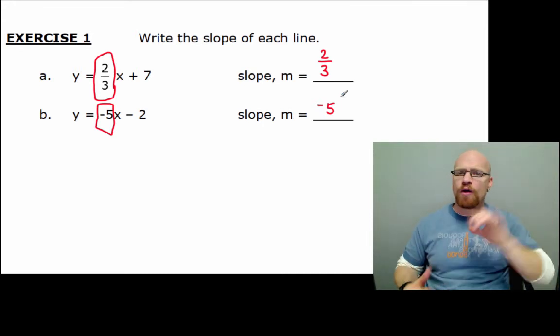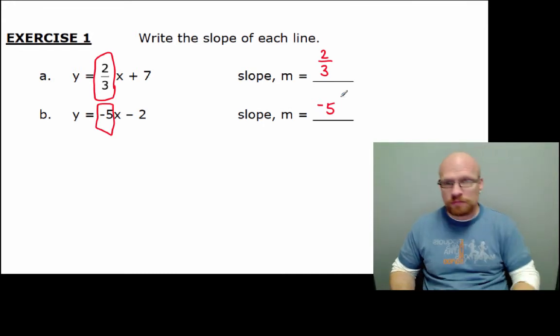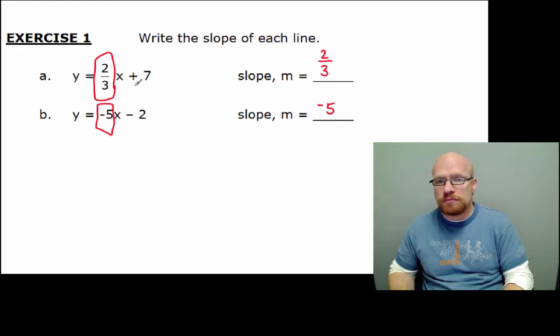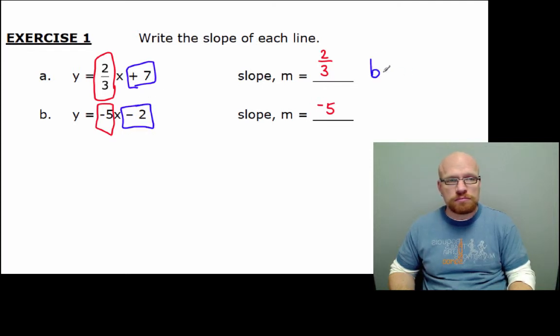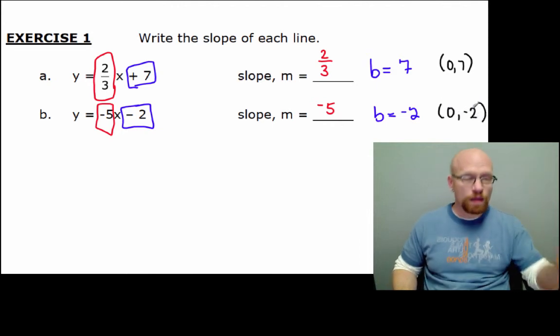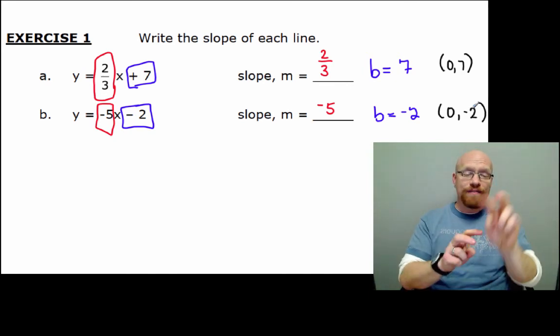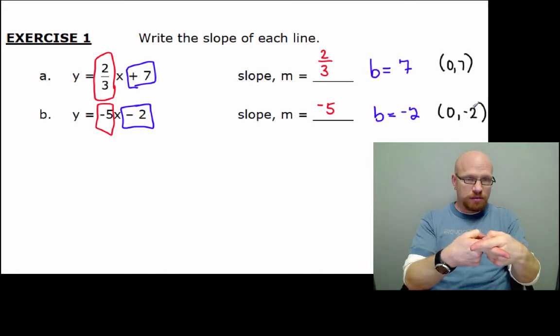Alright? Now for our b, I'll use blue. Blue shows the y value of the y-intercept.